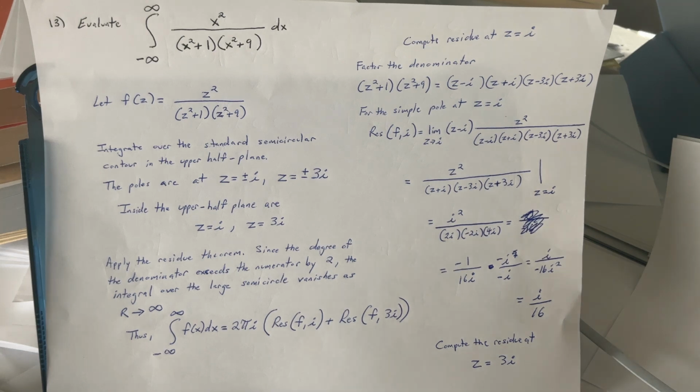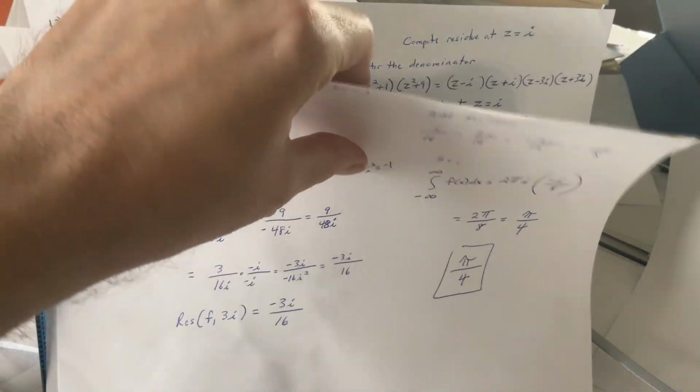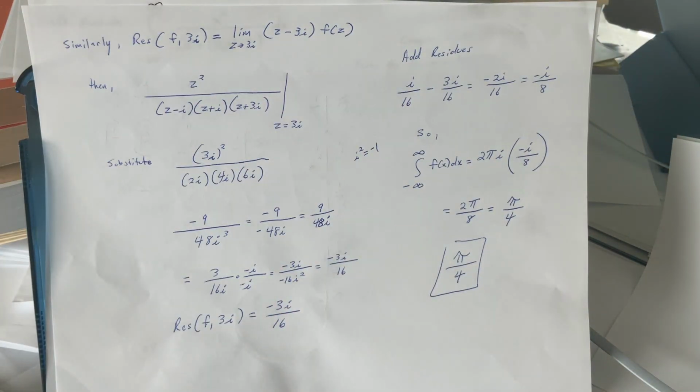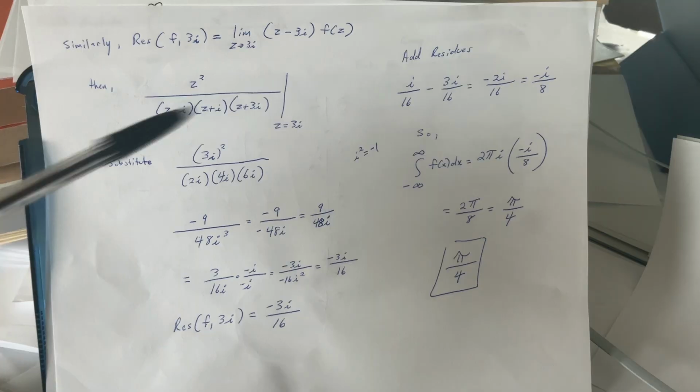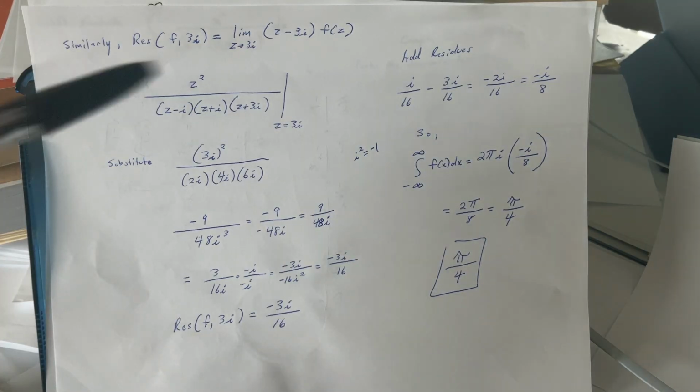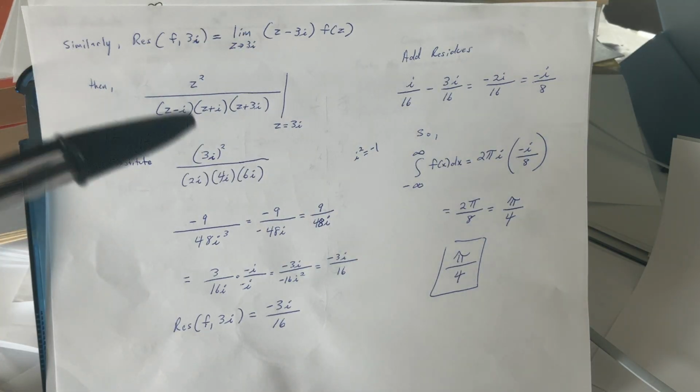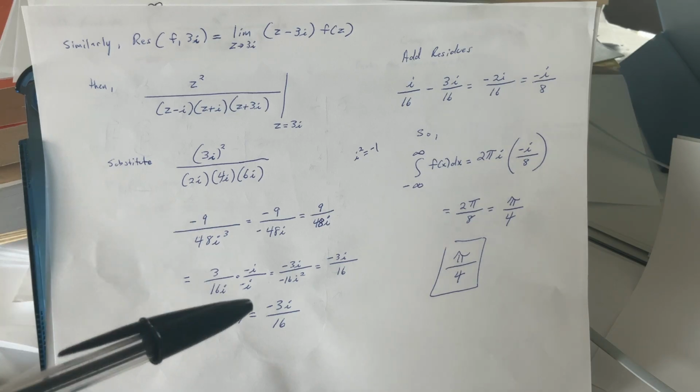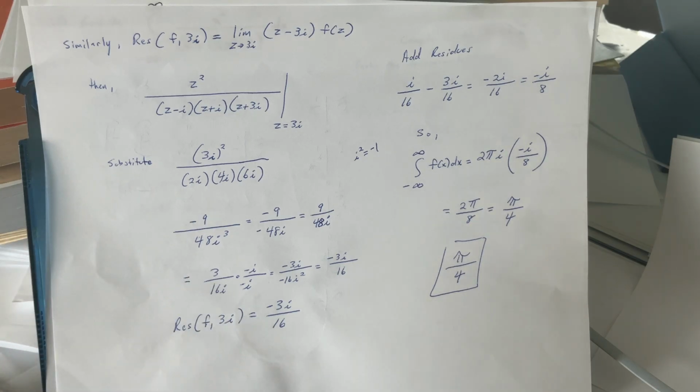And now we want to compute the residue at z equals 3i. So doing that, compute the residue, plug in that 3i, perform the arithmetic, we get negative 3i over 16.